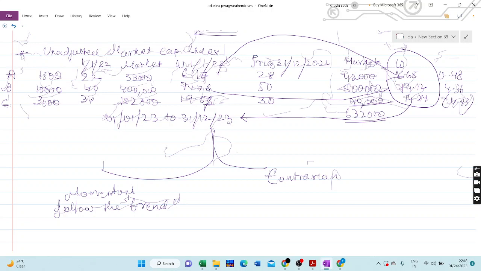And he would sell stocks whose prices have decreased, expecting that the current downtrend will continue in the future. Okay?